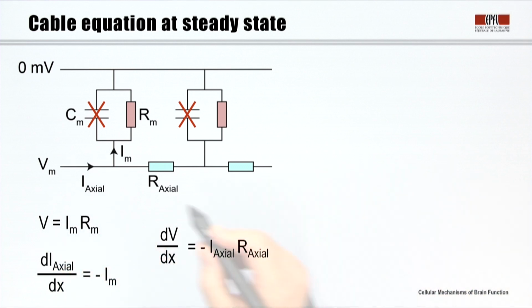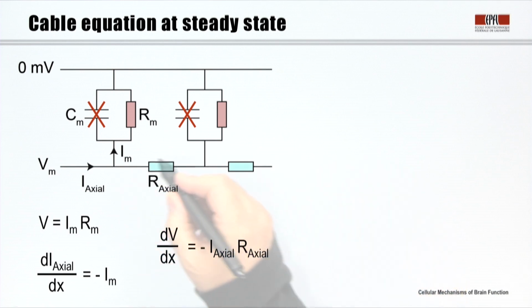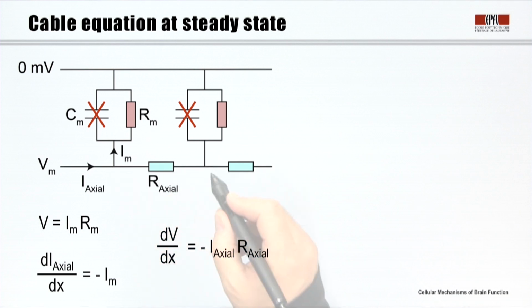We can also see that the drop in potential between adjacent points in the cable depends upon the axial resistance, and the change in potential across arbitrarily small areas of the cable depend upon the current and the resistance axially.